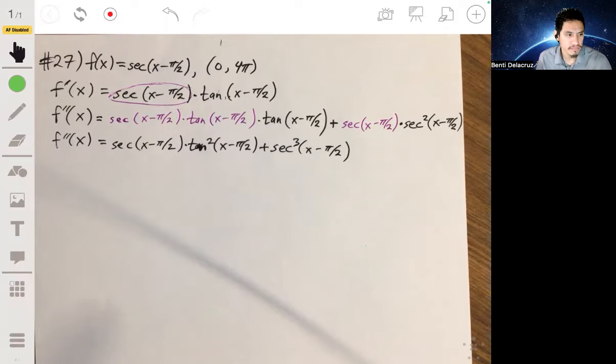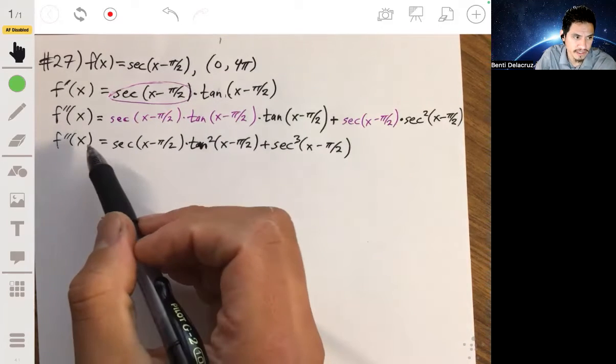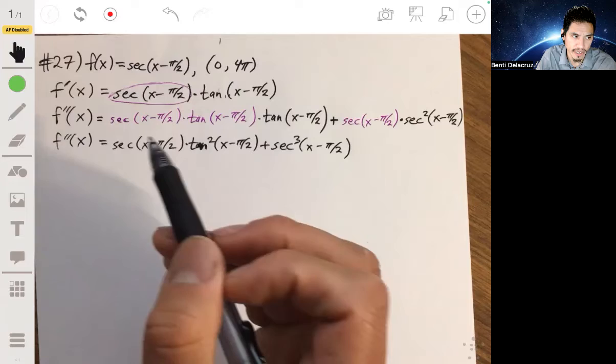All right, now we want to find any possible values where the second derivative is equal to 0 or where it's undefined.